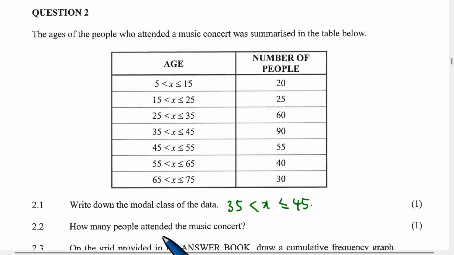How many people attended the music concert? To find the number of people here, age 5 to 15, excluding 5, are 20 people. So you add this one plus this one plus this one plus that up to 30. You add all of them to find the people who attended the concert.